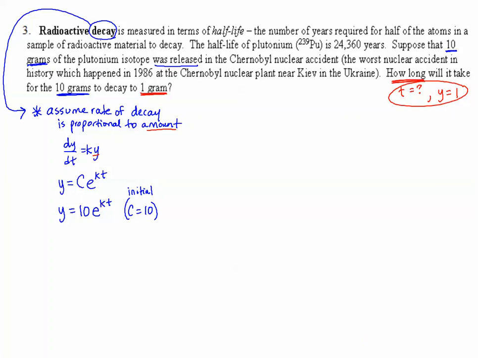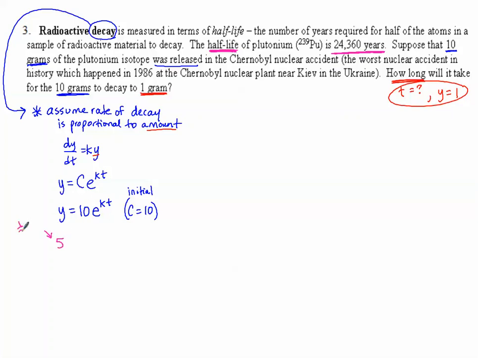The half-life. They told us that it takes 24,360 years, that's a time, for half to decay, for half of what we started with. Well, if we started with 10, half of 10 is 5.